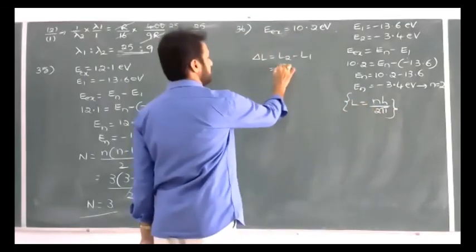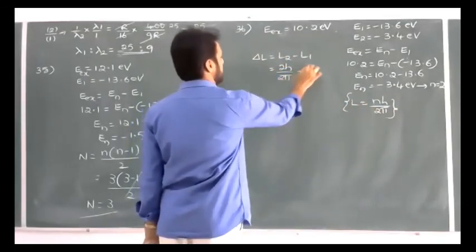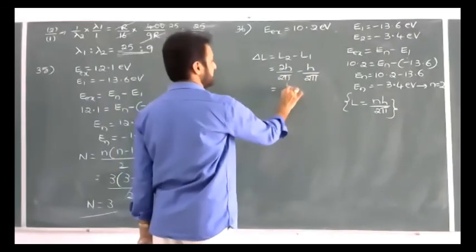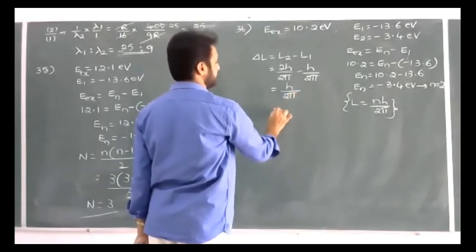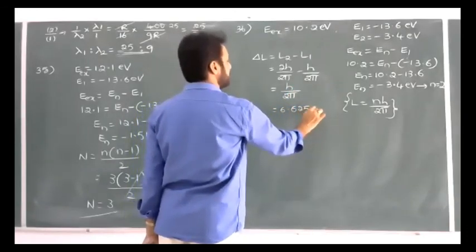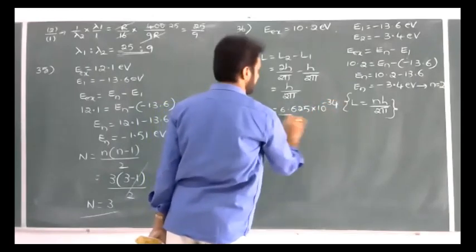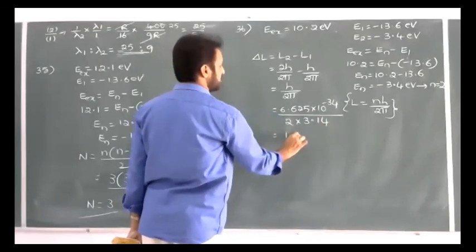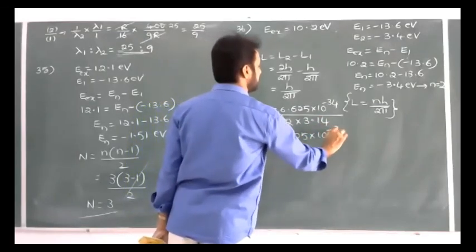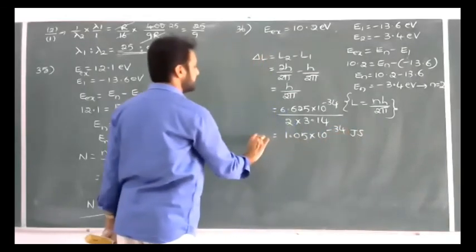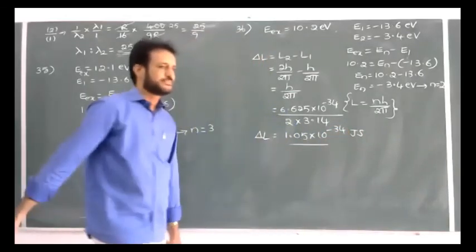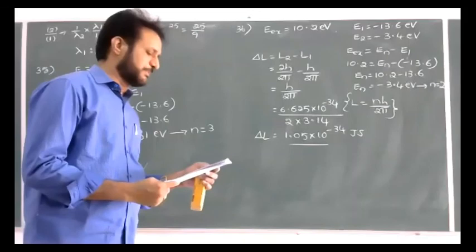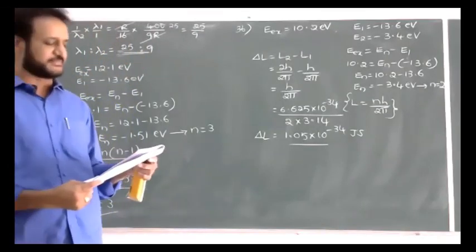So that equals 2h by 2 pi minus 1h by 2 pi. h by 2 pi is common. 2 minus 1 equals 1, so only h by 2 pi. 6.625 into 10 to the power of minus 34 divided by 2 into 3.14, approximately 1.05 into 10 to the power of minus 34 joule second. It is the amount of angular momentum increased. 1.05 into 10 to the power of minus 34 will be the increase. That is the answer.